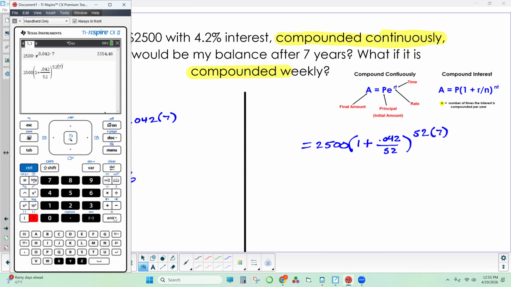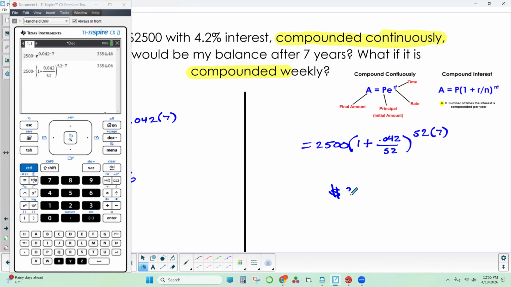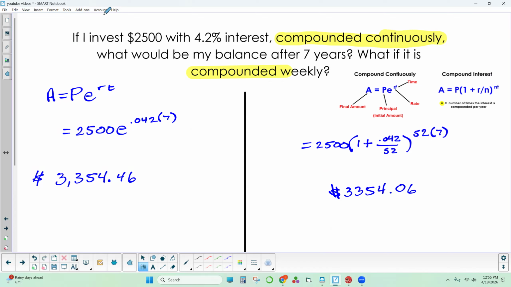All right, check over everything looks good. We typed it in correctly, and we've got 3,354.06, so 6 cents. So as you can see here, they're almost identical.